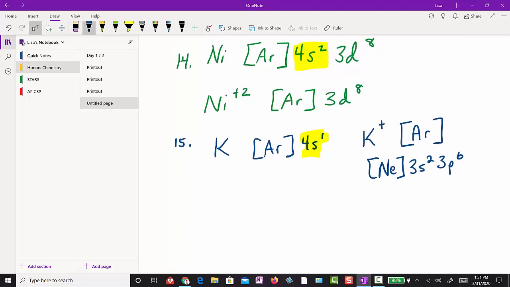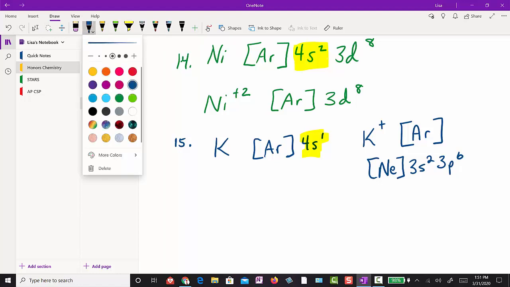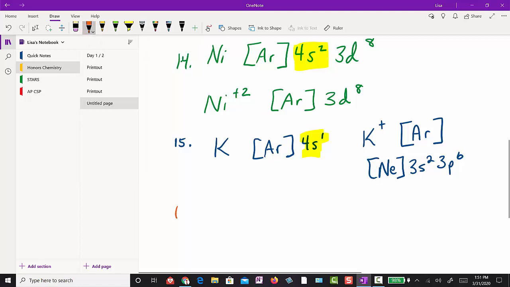And the last one of these, we have cobalt 3 plus. That's 16. So cobalt is also argon 4s2 3d, 1, 2, 3, 4, 5, 6, 7, 3d7.